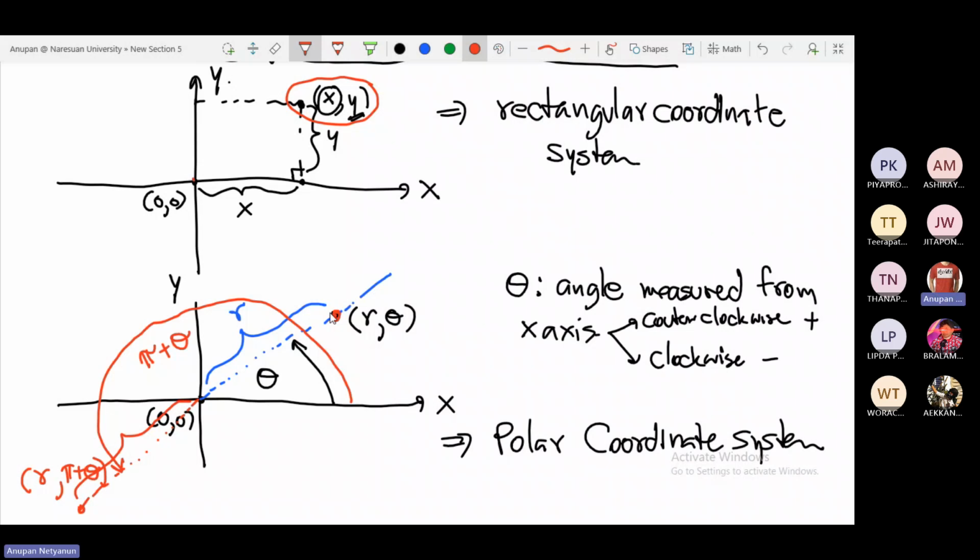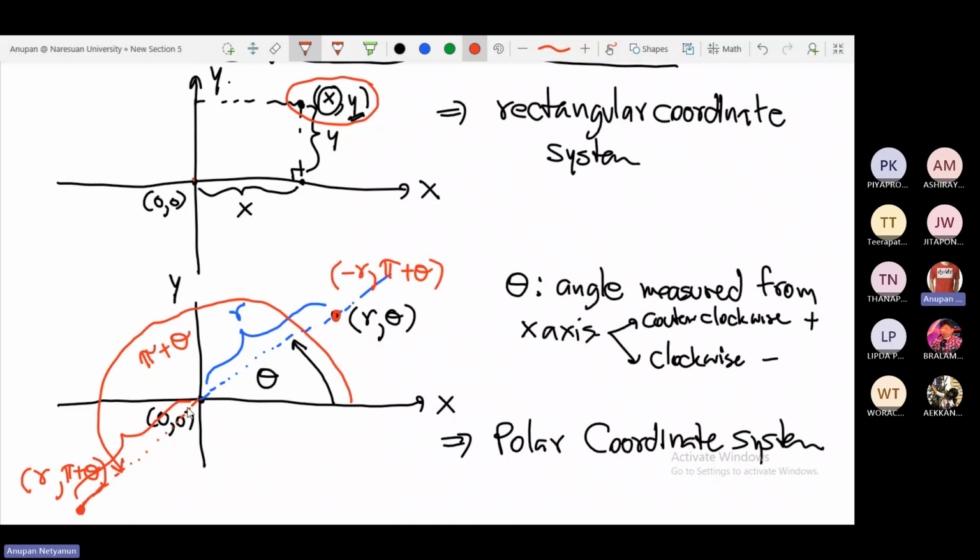Okay, and the other name for this point is going to be negative r, pi plus theta. Because if at pi plus theta I walk r unit, I arrive at this point.